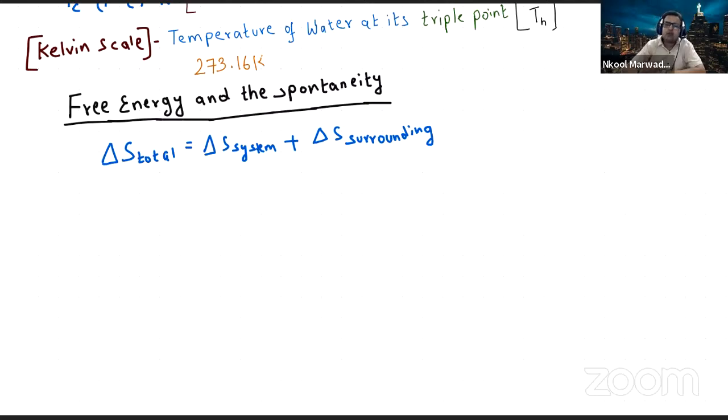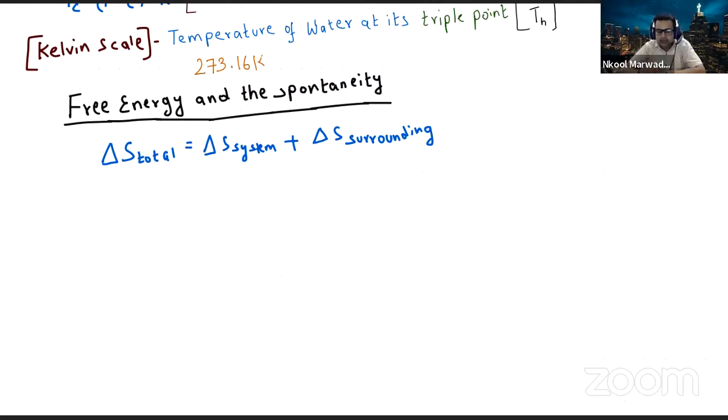For that, we have to apply certain techniques, and it is not easy to determine the change in entropy of the system and the surroundings. That is understandable. We can express this change in entropy in terms of Gibbs free energy to make it easier to use.